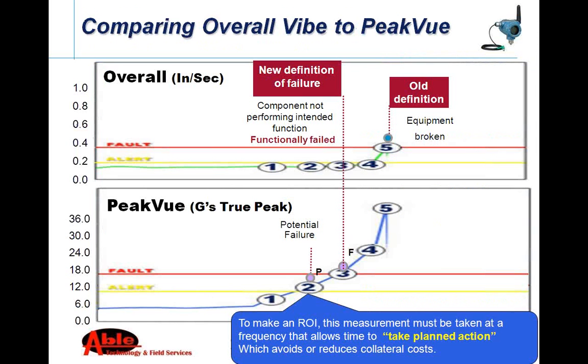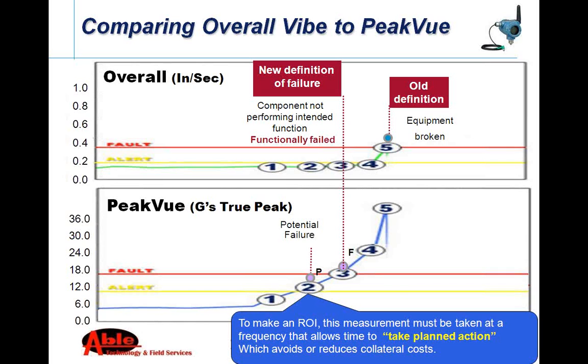Here is another way to look at and understand overall vibe versus PeakVue. Again, this would be just time on the bottom here and trying to set alert or fault alarm limits for these failures. You see in an overall, it's just not enough movement to create an alarm that doesn't create a nuisance problem for you.